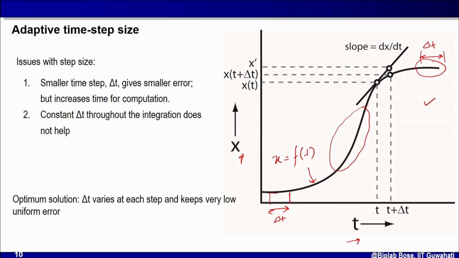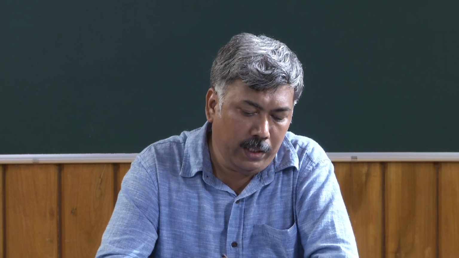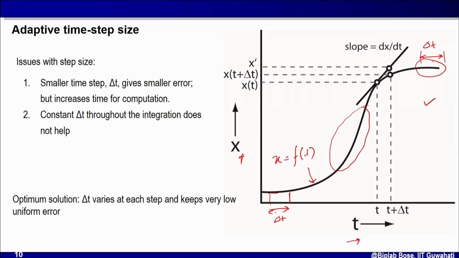That means just looking at this graph, I can easily say that it is not wise to use the same delta t for the whole calculation. Maybe where x is not changing much with time, I can use a large delta t and reduce the time of computation. And in the region of the function where x is changing very fast with respect to time, I use a small delta t increment so that I get less error.